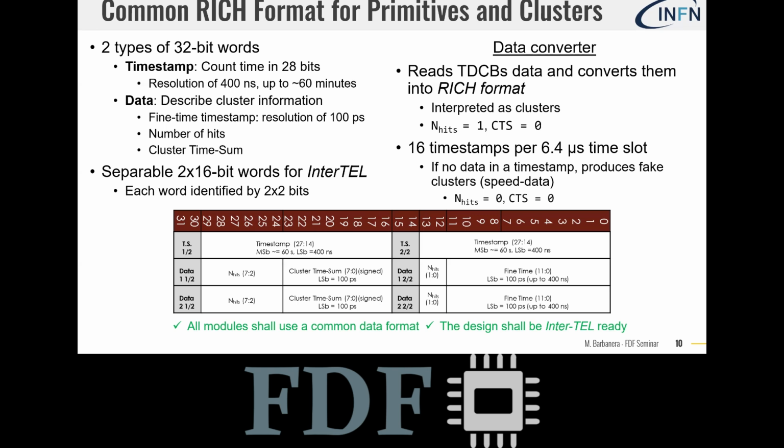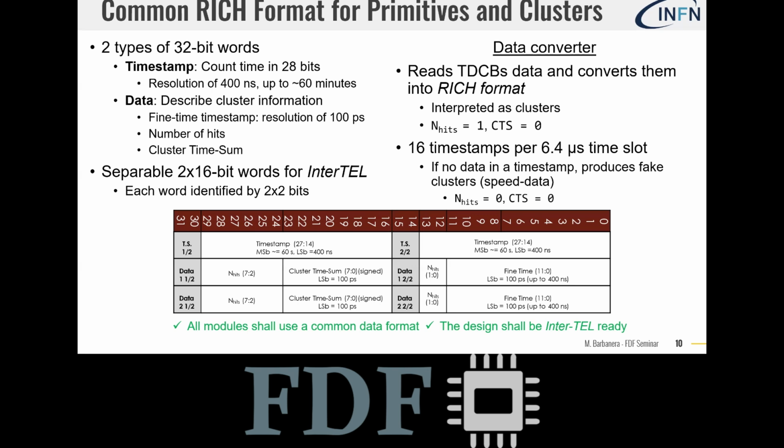Since the timestamp has a 400 nanosecond resolution, there are 16 timestamps per experiment time frame, which is 6.4 microseconds, and the format foresees that all the 16 timestamps are produced, and followed by a fake data if there is no data, no cluster, no hits in that specific timestamp.